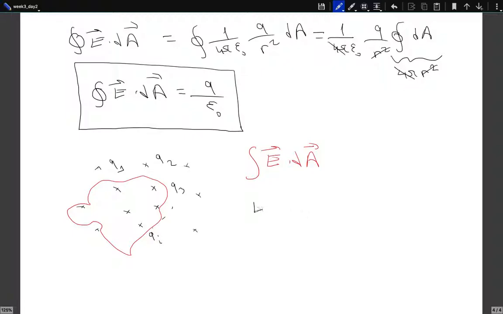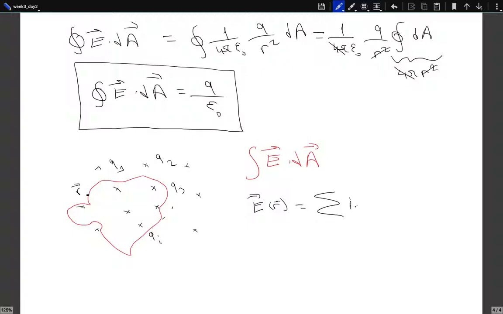Well, the electric field created by all these charges at a given point on the surface, let's say at R, will be equal to, well, we know that the electric field obeys the superposition principle, so the total electric field created is the sum of the electric fields created by each one of the charges.